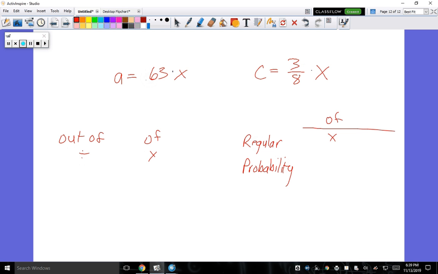Okay? And in fact, let me do it like this. Multiplication, the word in regular math is of. The word in probability is and.